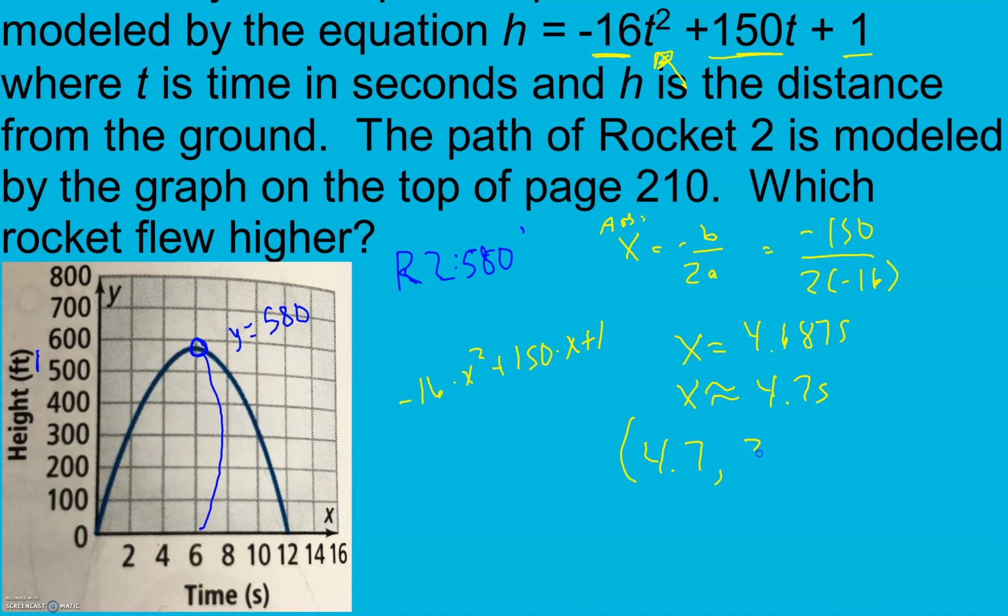And here I get about 353 feet, or 352.5625. So my height for rocket 1 is about 353 feet. So which rocket flew higher? Rocket 2.